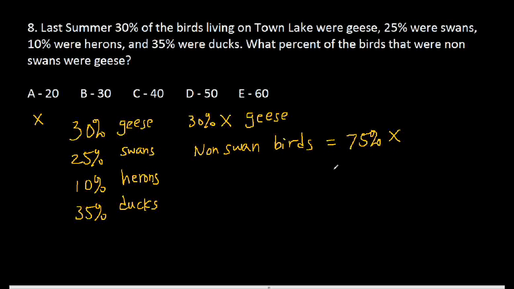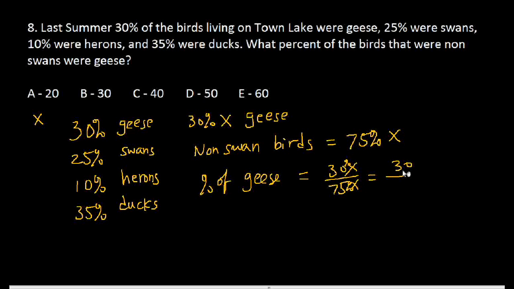That's non-swan. And the geese is 30% of the total, so the percentage of geese over non-swan birds is 30% over 75%, right?